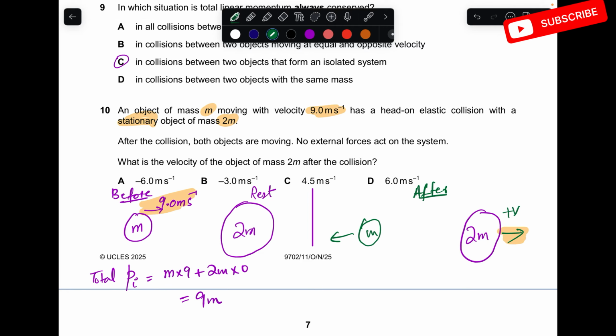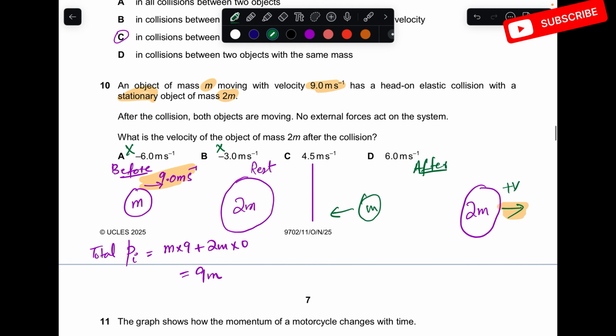So we can't choose option A and option B; we have to choose between option C and option D. Now look, if we choose option C, for the sake of example, if the velocity is 4.5 for this, its mass is already 2m, so its momentum will be 9m. That is equal to the initial momentum.